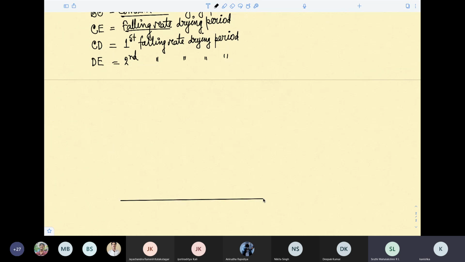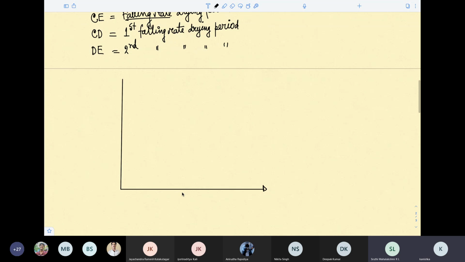Here on the x-axis we have total moisture content, and here on the y-axis is the rate of drying, let's say R. Where to start, this side or this side?